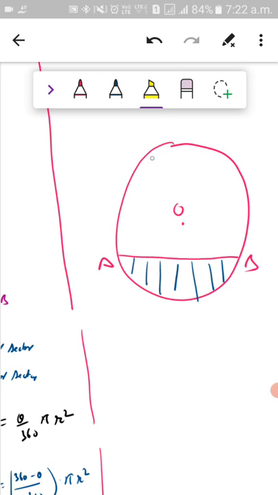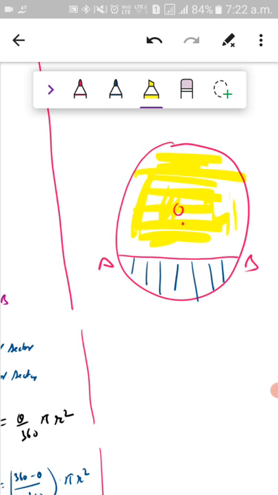And this is also our segment, right? What is the difference between these two? One is major, one is minor. The one which I am shading with yellow is our major segment, and this is our minor segment.